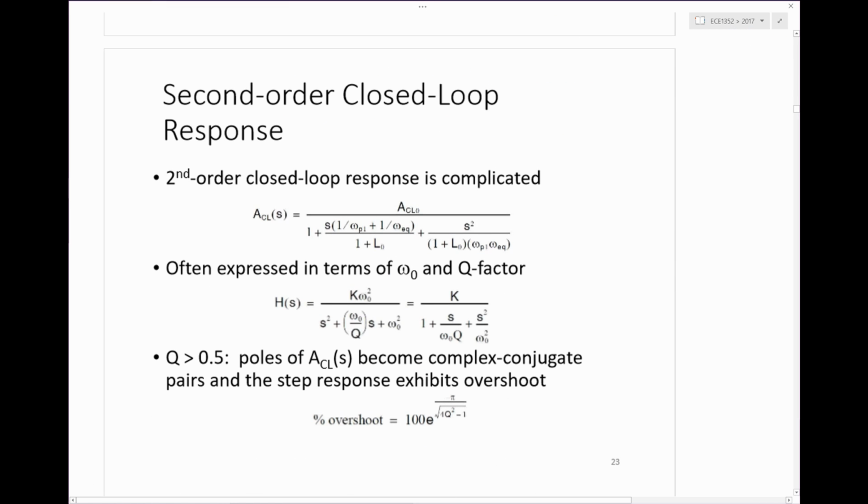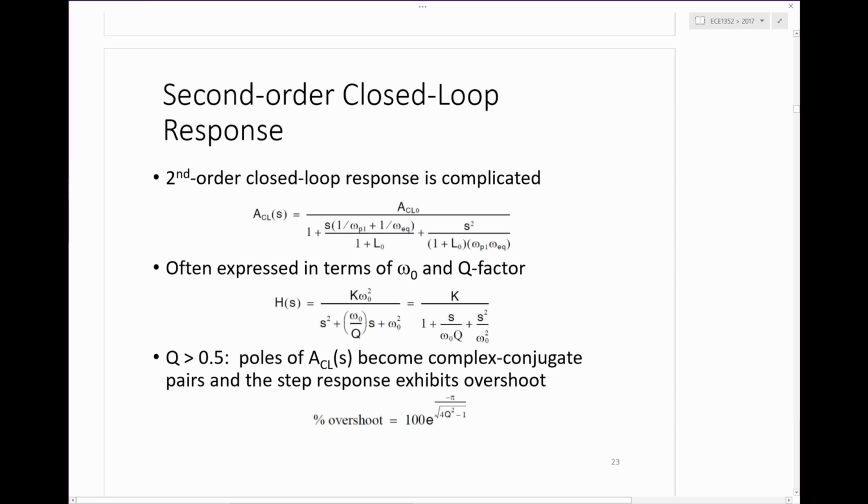The full analysis, as I said, for the second order response is a little bit more complicated, unfortunately, than it is for the first order response. First order response, everything was a single time constant, real pole, boom, you know the settling time and all that stuff. Second order, it gets messier, but some key points come out from all this.